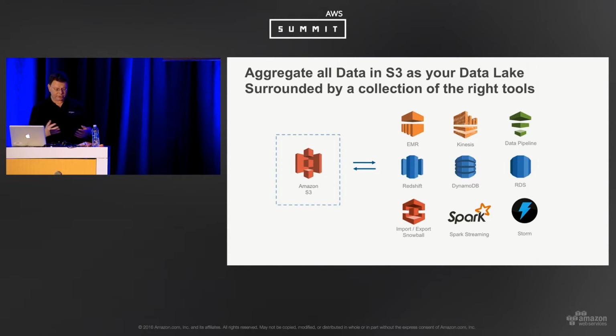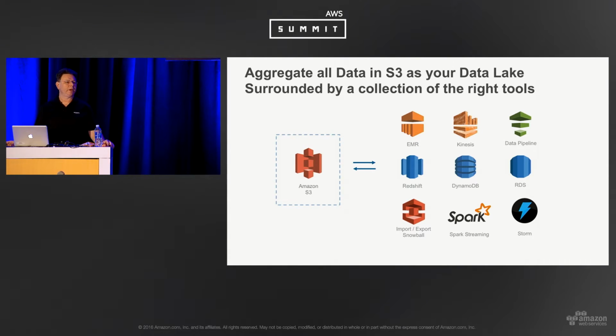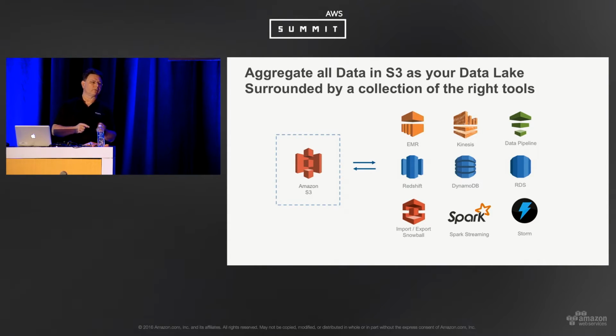As I said, S3 is a foundational service for a lot of other AWS services. You can exchange data, both reading and writing, with all these different services. We'll take a look at EMR specifically, but Kinesis Firehose is a way to get data from somewhere on the internet into the cloud and into S3 in a highly parallel, sharded fashion. With Data Pipeline you can orchestrate workflows that move data among different AWS services, including S3.